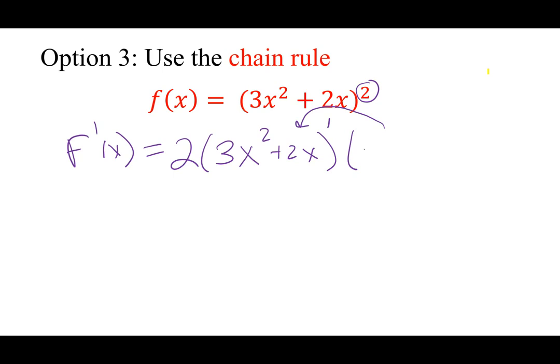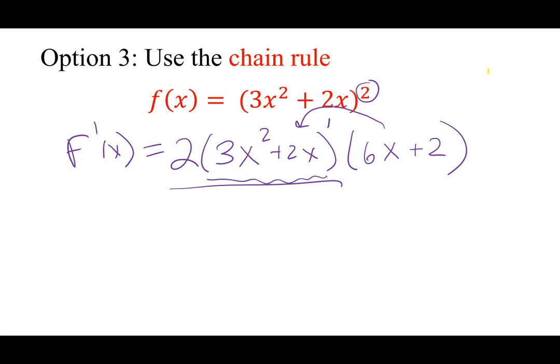So the derivative of 3x squared would be 6x. The derivative of plus 2x would be plus 2. And that, in a nutshell, is what the chain rule is. You apply the rule that you already know, which was the power rule. We've done that literally hundreds of times, but we've actually never done it for a problem that had this more complicated inside.